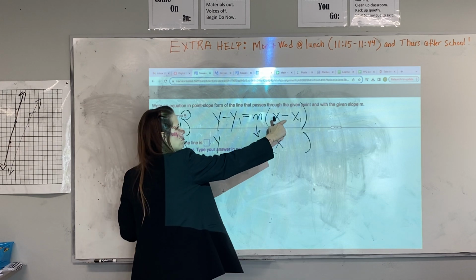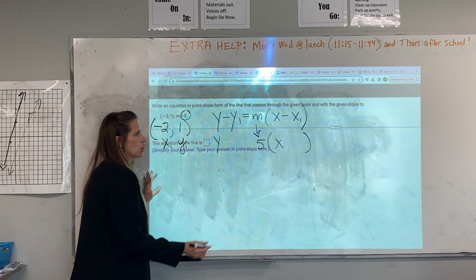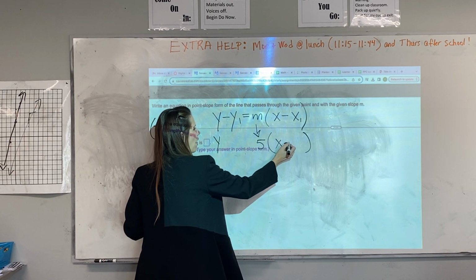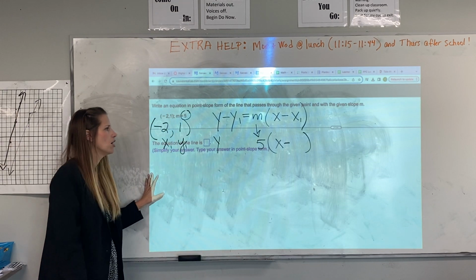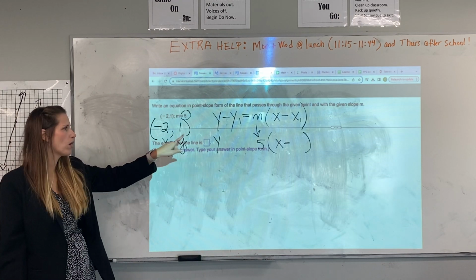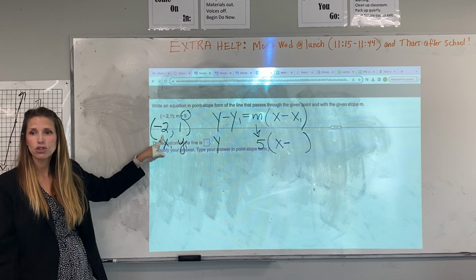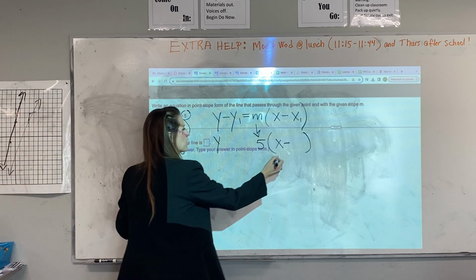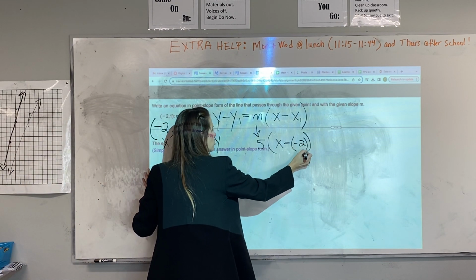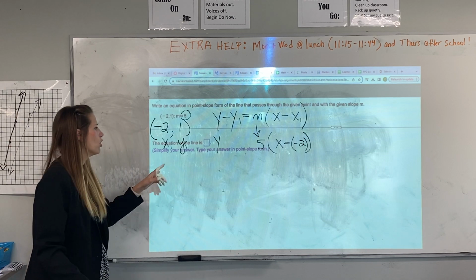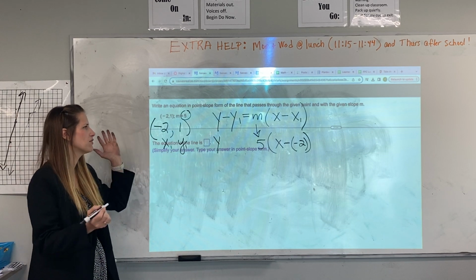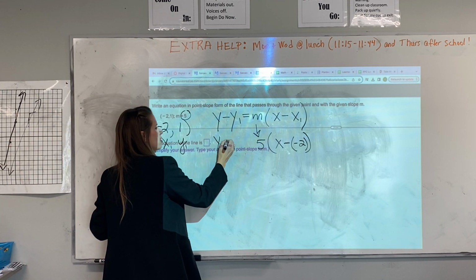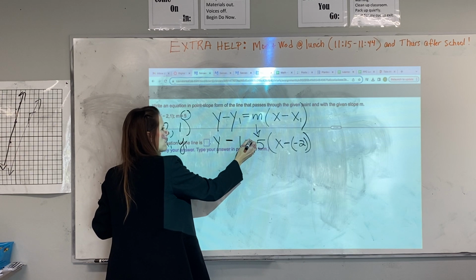This has a minus sign in the formula, so we need a minus sign down here. But x1 also has a value of negative 2, so we're going to put that in parentheses, negative 2. We'll take care of that in a second. The y1 is positive, so we just do minus, just like in the form.